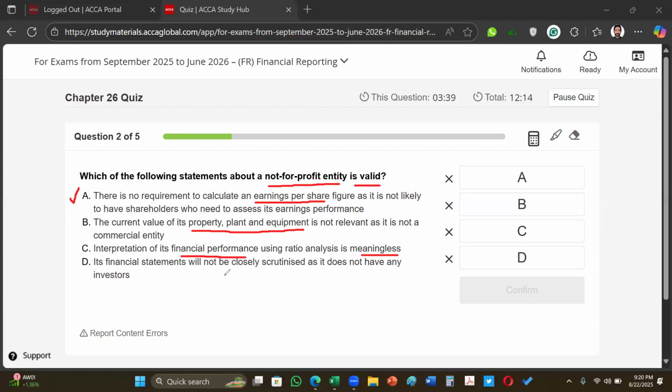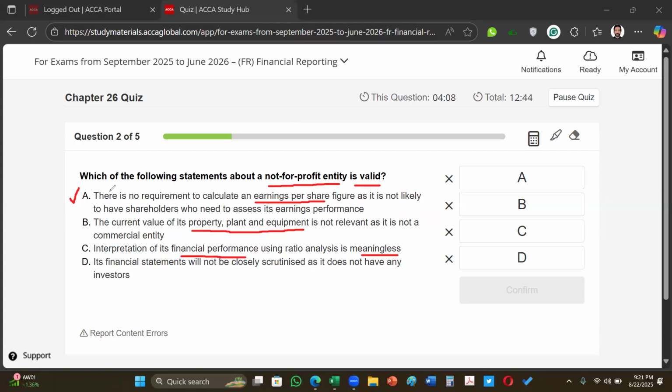Again, the financial statements will be closely scrutinized because either the government is going to be supporting it, and or the donors are going to support it. So it will be scrutinized. Okay, they're just not going to throw away their money. There are audits carried out in the not-for-profit entities for any financial loss or any inefficiency.